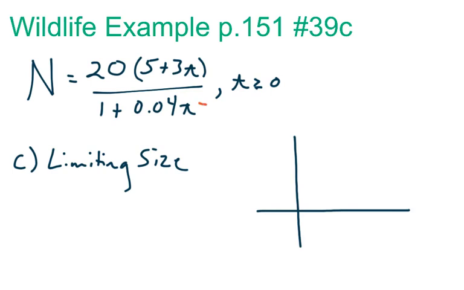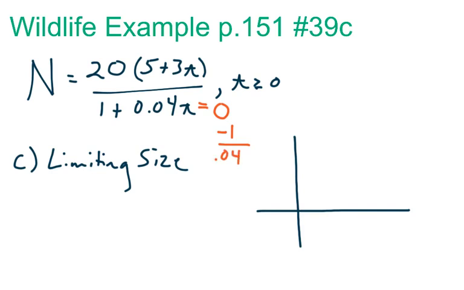Couple things. It's got a vertical asymptote. Now, that would be when the denominator is equal to 0. And yes, that requires some division, particularly dividing the number -1 by 0.04. Now, that really is going to look like, again, subtracting 1 and dividing by 0.04.